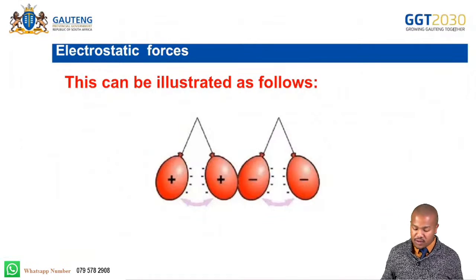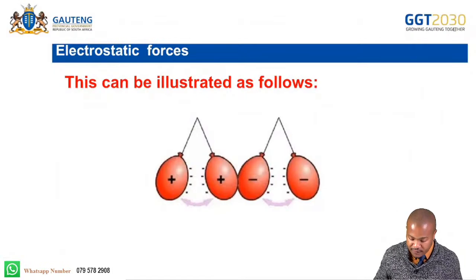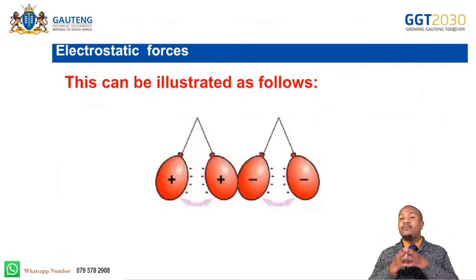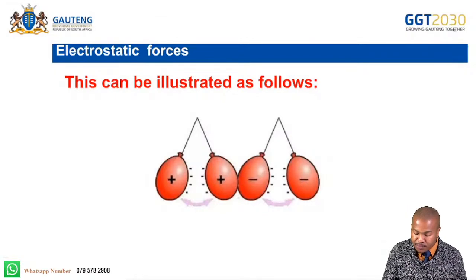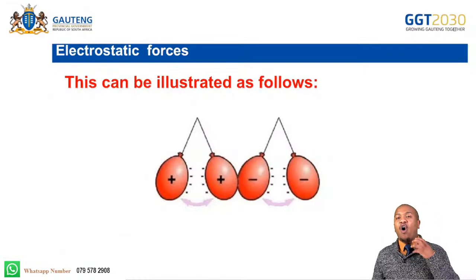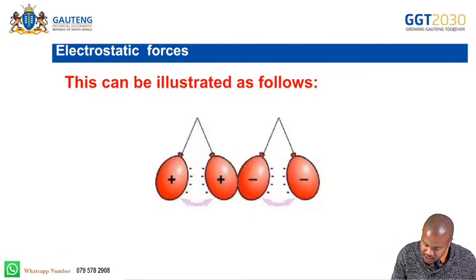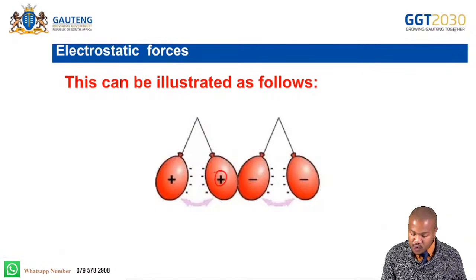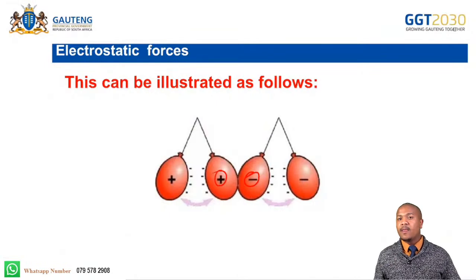So you have four balloons here. Two are positively charged and two are negatively charged, right? Look at the ones in between. They are of different charges. This one is positively charged, whereas this one is negatively charged, meaning there's more electrons than protons.